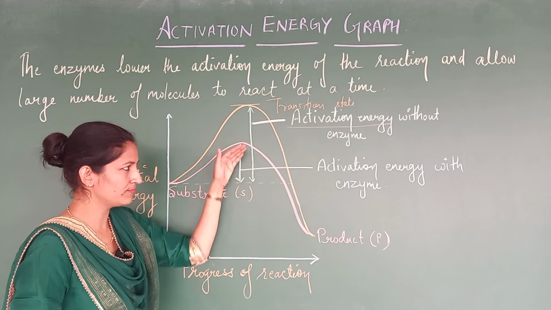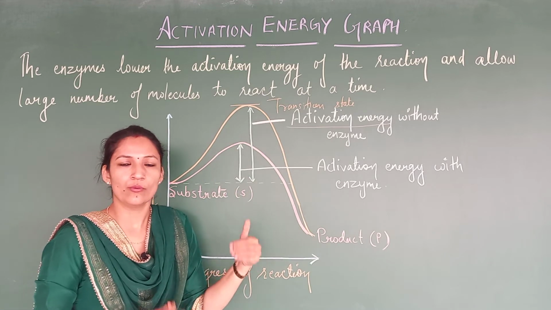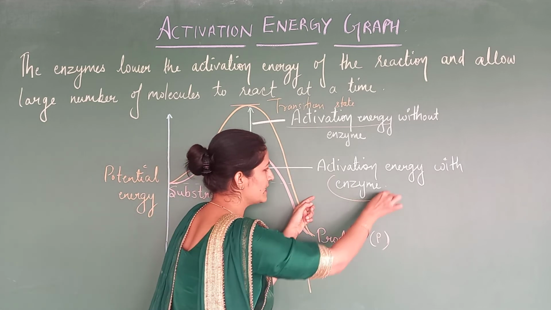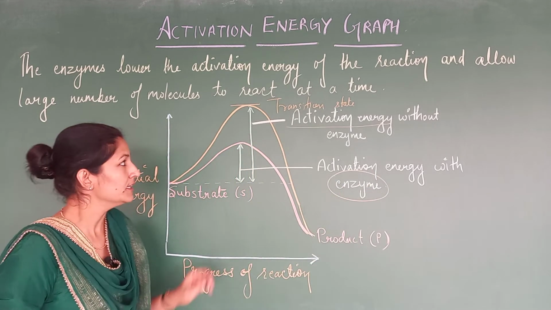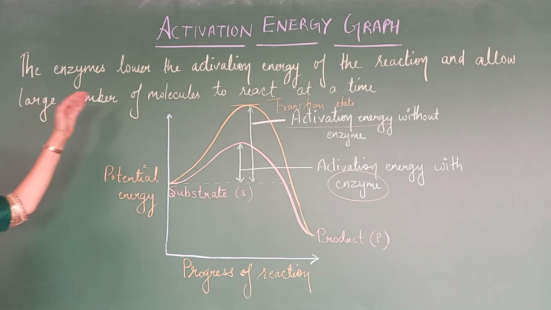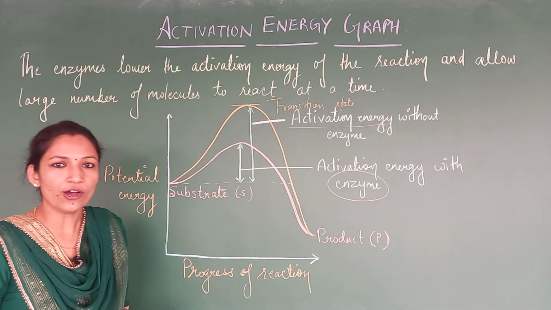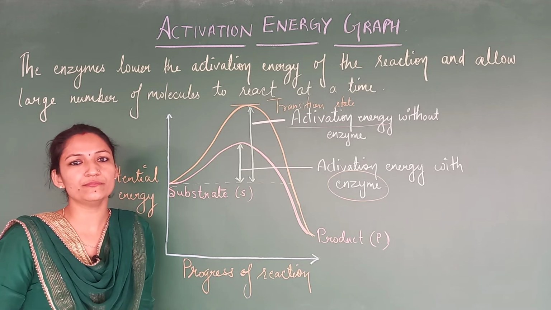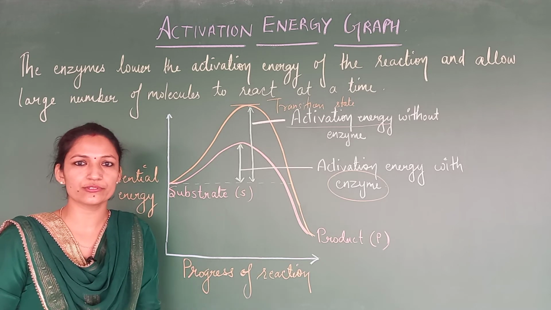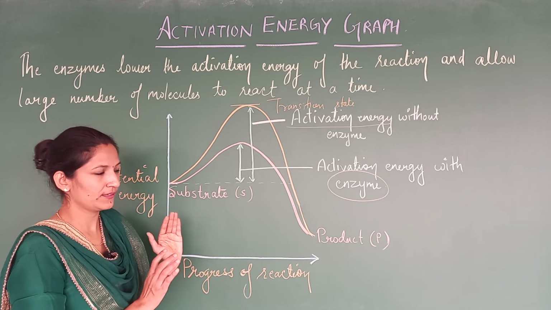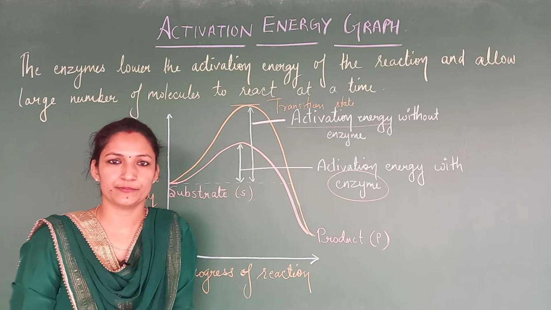What we are depicting from this graph is that after adding enzyme to a chemical reaction, the activation energy is lower. So enzymes lower the activation energy of the reaction to allow the maximum number of substrates to convert into the product. In that way the reaction becomes faster.